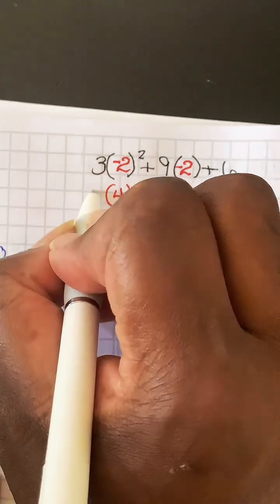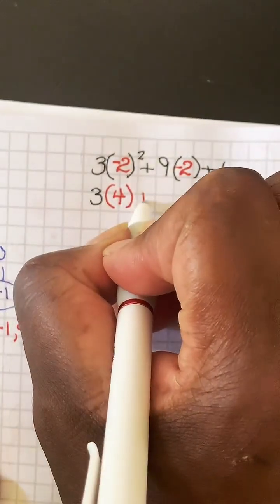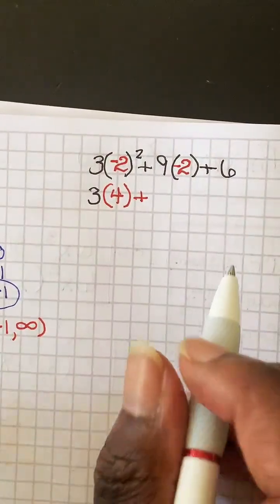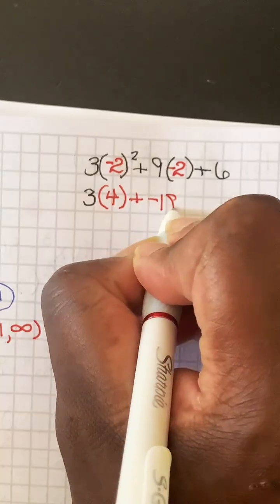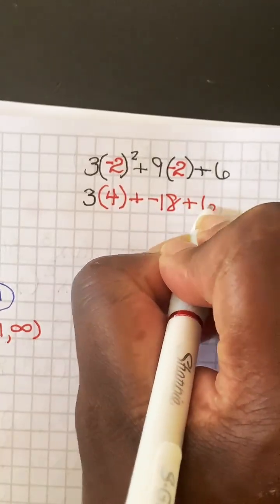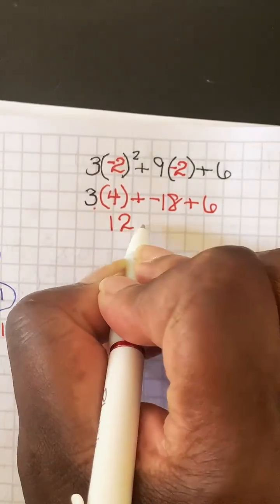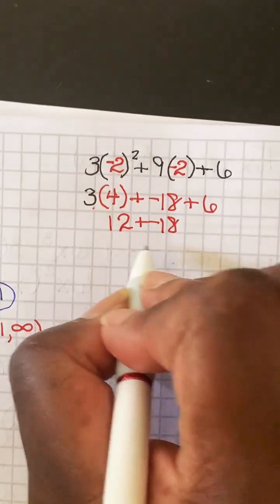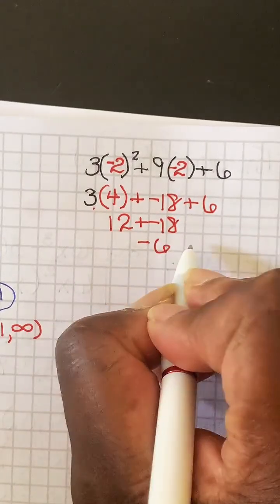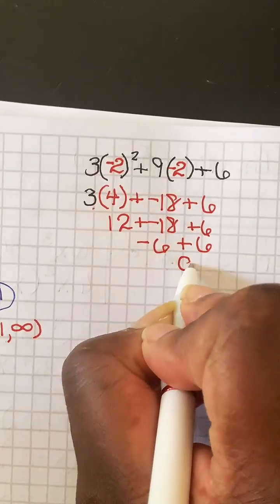So positive 4 times 3 plus 9 times -2, that gives me a -18. Bring down the plus 6. 3 times 4 gives me 12. 12 minus 18 will give me a negative 6. Negative 6 plus 6 will give me 0.